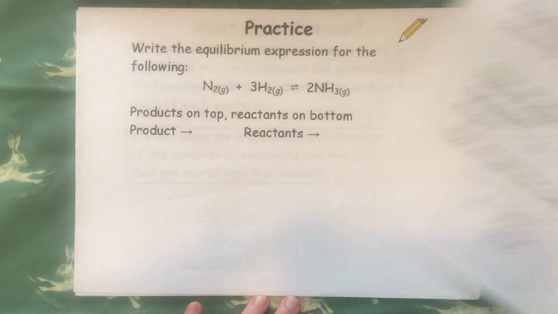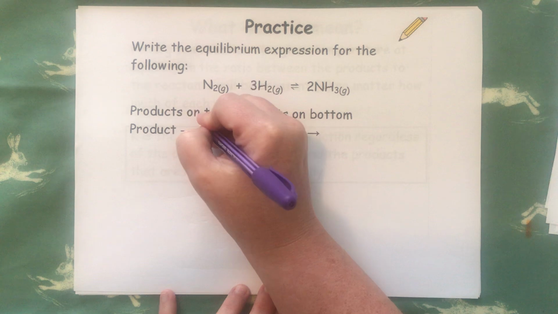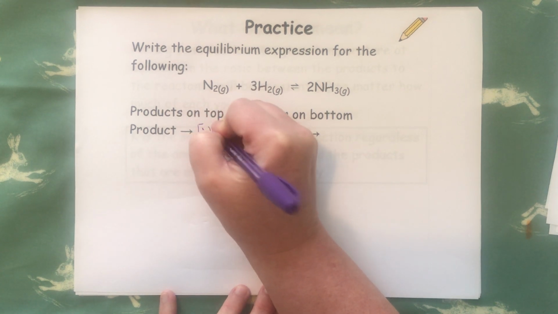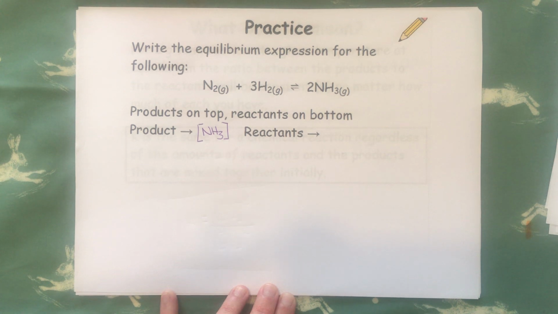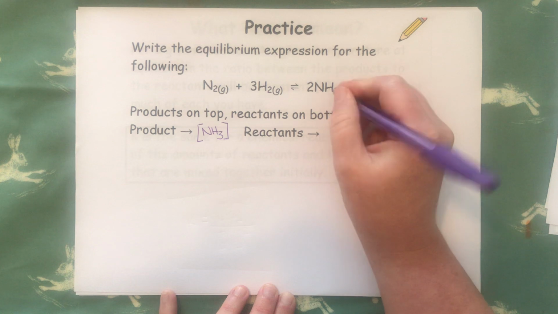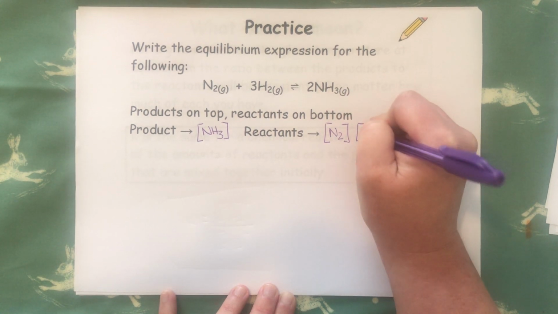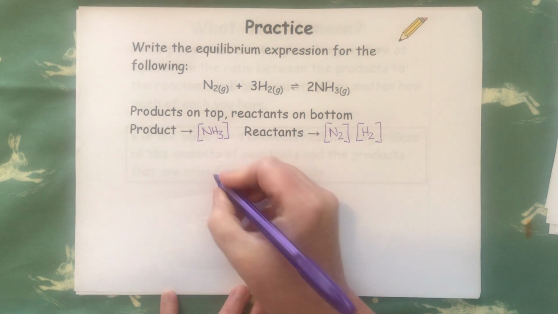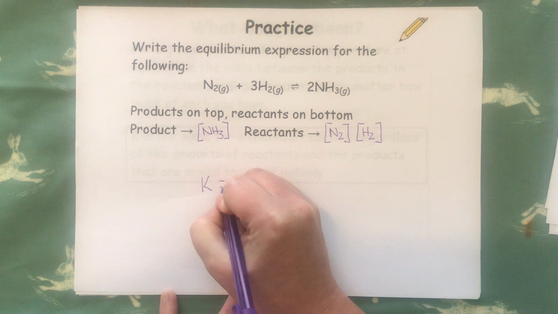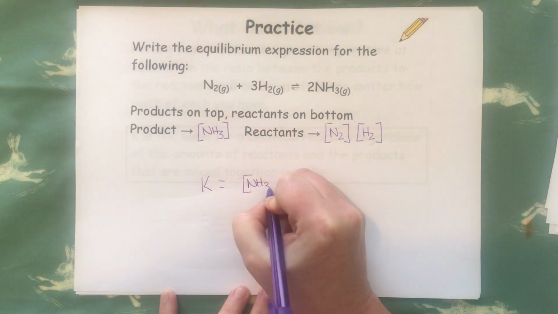Okay, so if we have a look at a different example, our product here is ammonia, so NH3 in square brackets to represent that we're talking about the concentration of ammonia. And our reactants are N2 and H2. If we want to write the equilibrium expression, it is K equals our product, which is NH3.